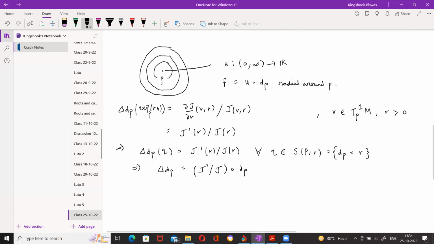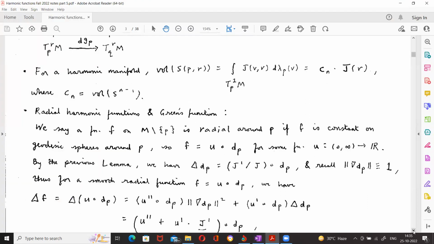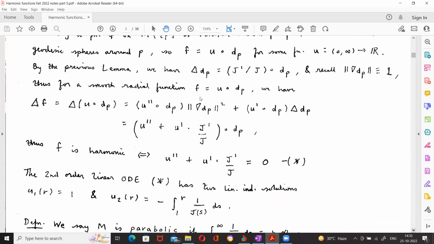So here's the computation. If we take a radial function f, of the form u composed with the distance function, then the Laplacian of f is the Laplacian of u composed with the distance function.